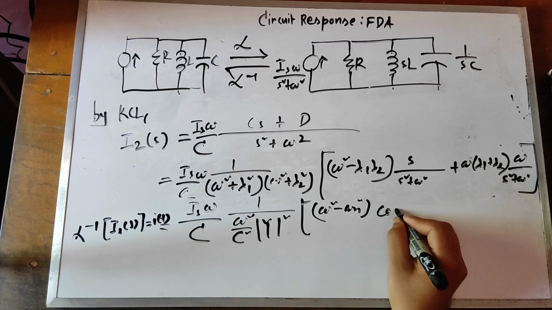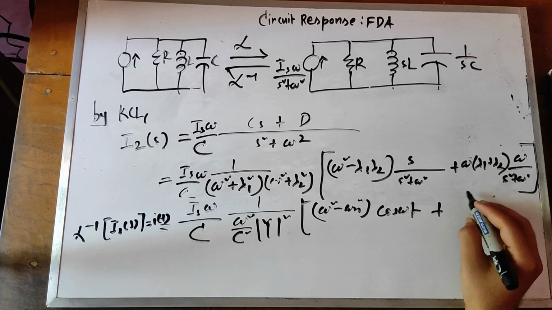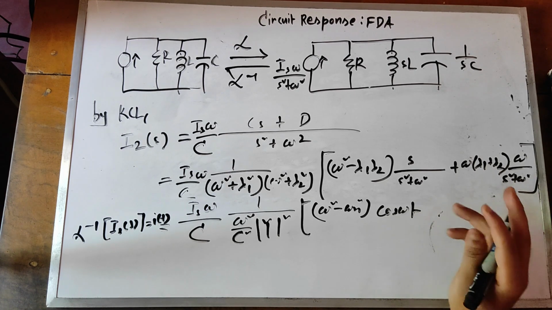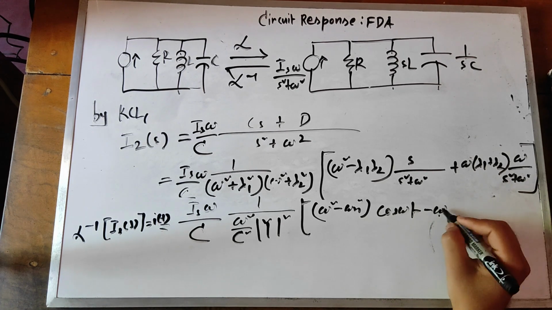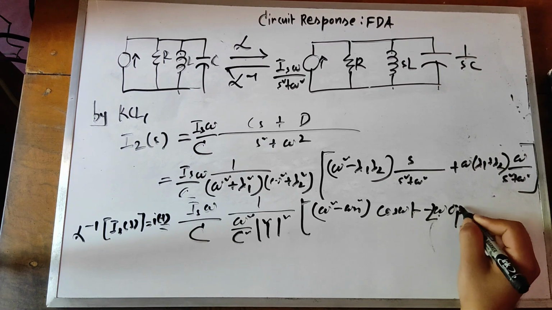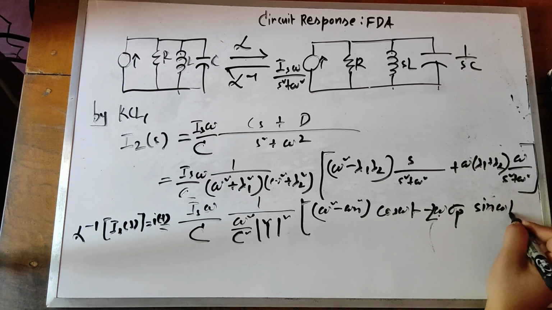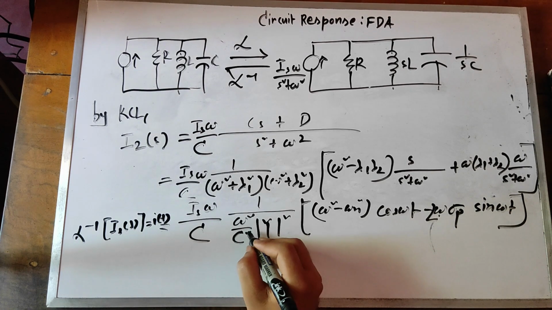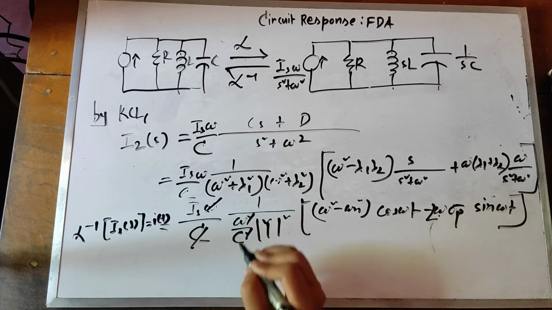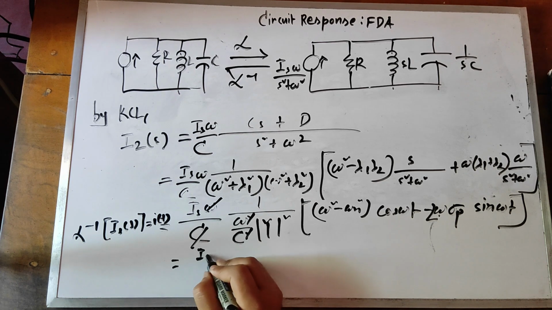So this will become cos omega t plus, so this will become minus omega 2 sigma p, the damping coefficient, sine omega t.